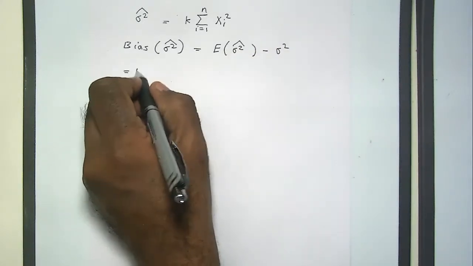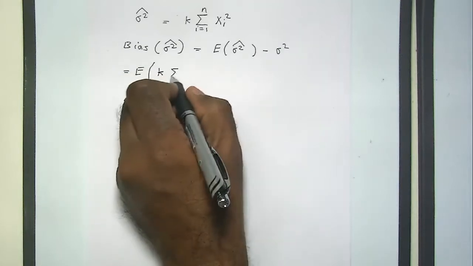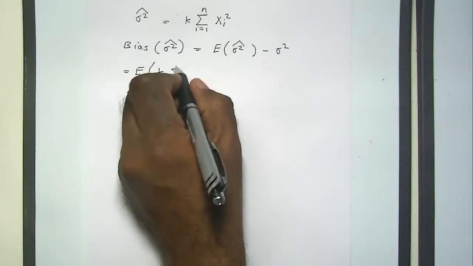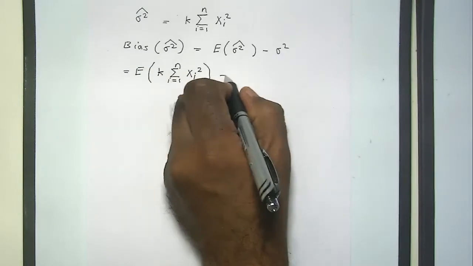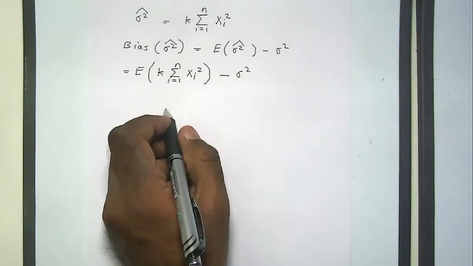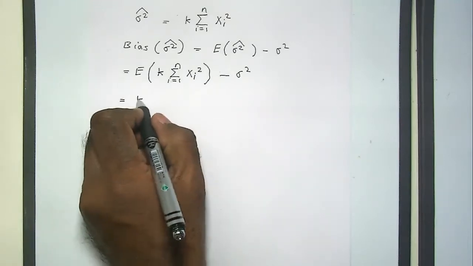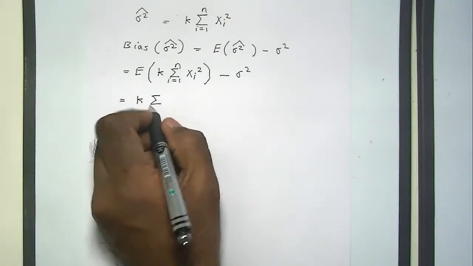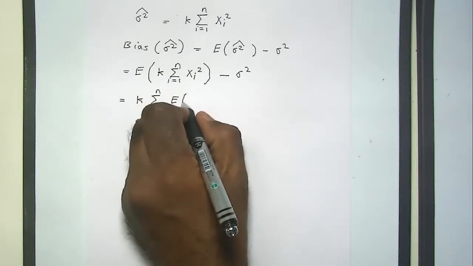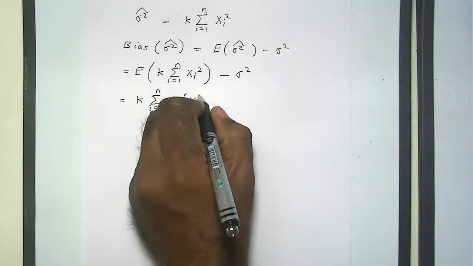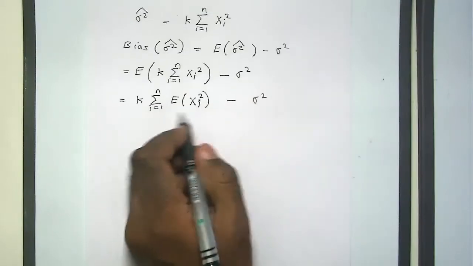Which is this, okay? Taking the expectation inside, you get k times the sum... now what's this guy here?